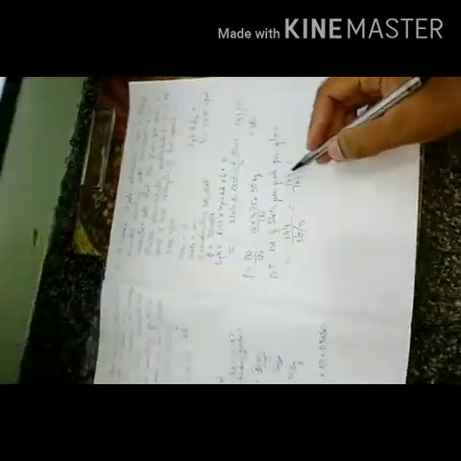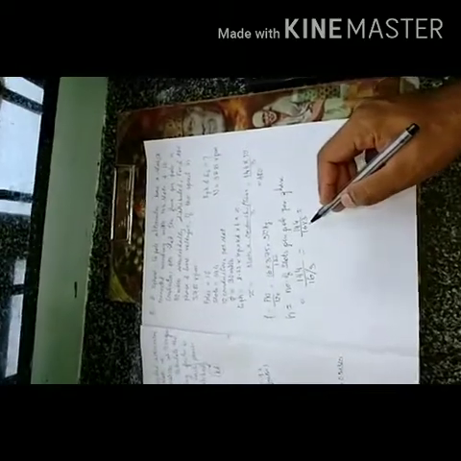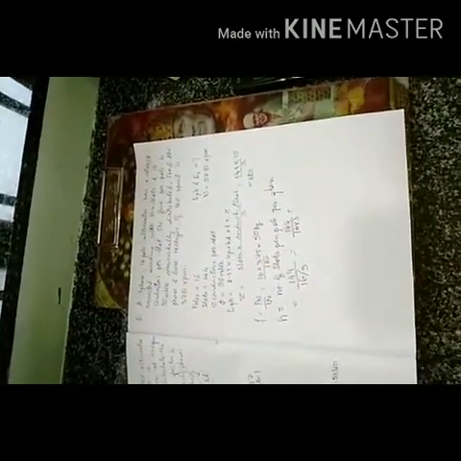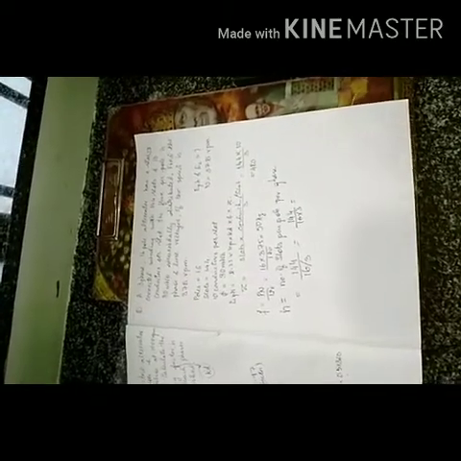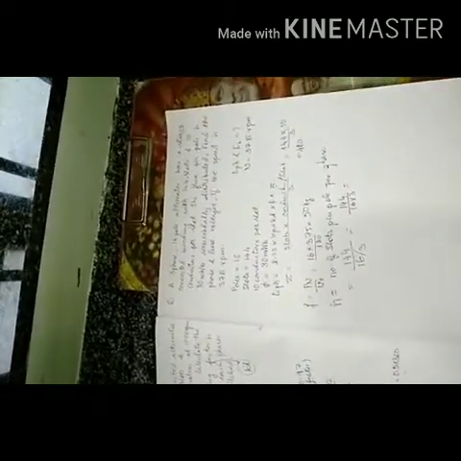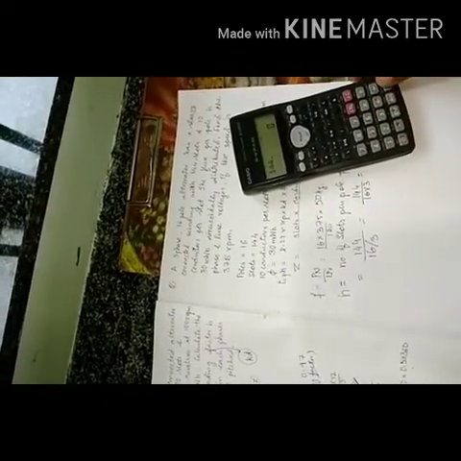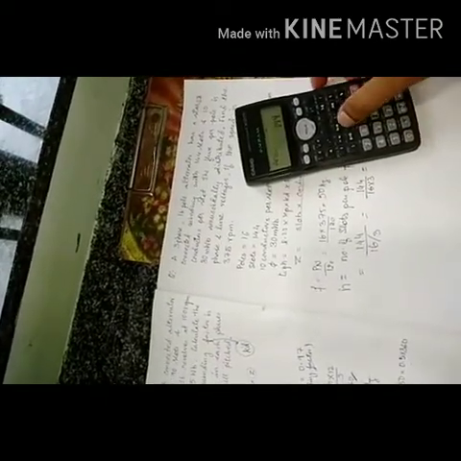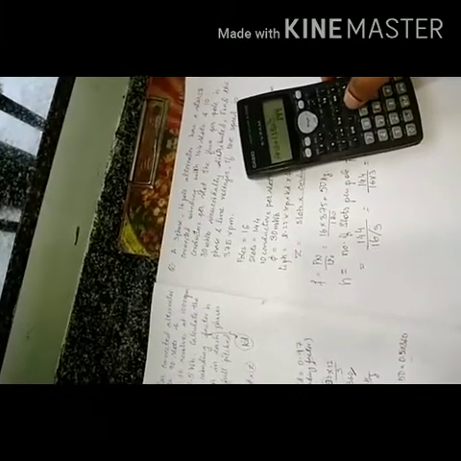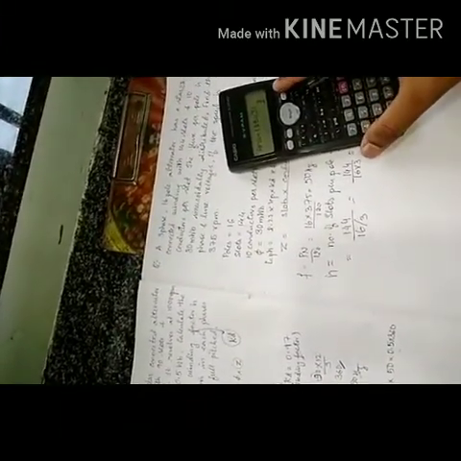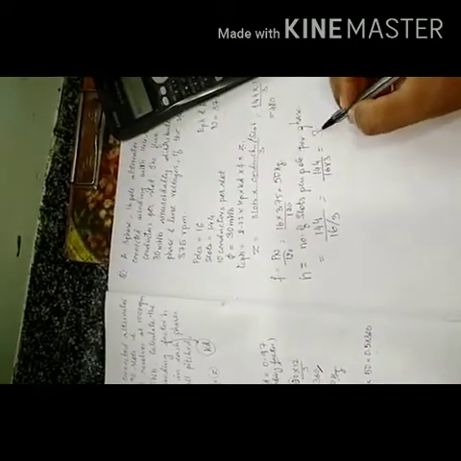Let's calculate: 144 divided by 16 into 3. We get the answer as 3 only.